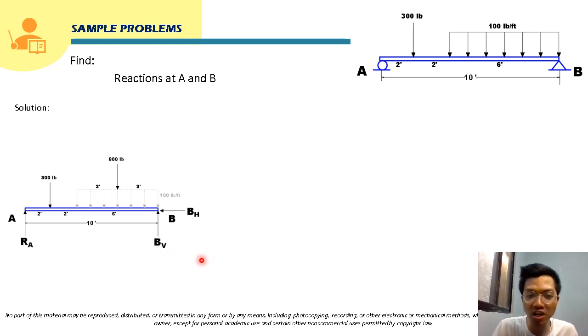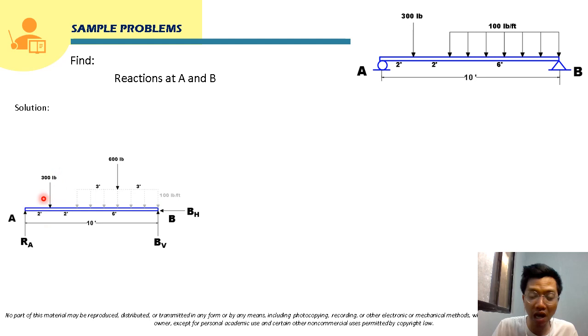But the thing here, class, is that when we sum up forces horizontal and equate that summation to 0, as we can see here, there's only one horizontal force, and that is only BH. There's no other horizontal loading here.